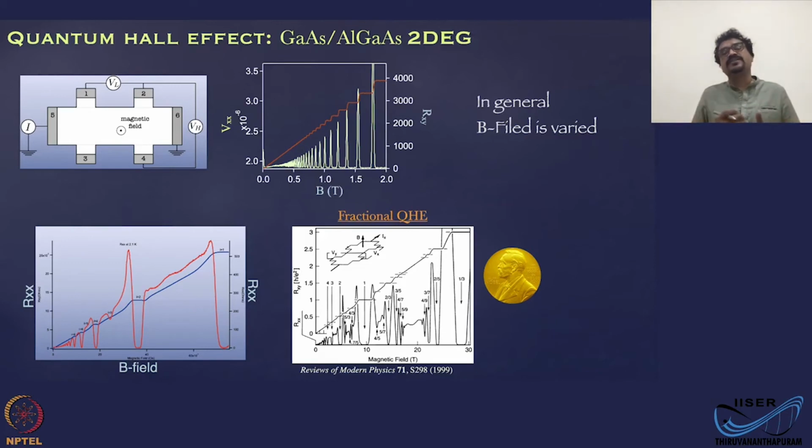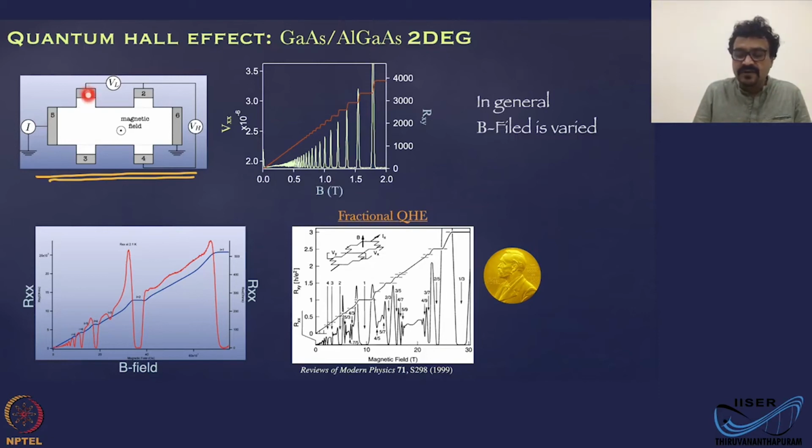They already have carriers in the quantum well. The formation of the well we have discussed extensively in one of those modules. Okay, so you have again a similar geometry where you are injecting current and you are measuring the voltage across, in the perpendicular direction of the current, where the magnetic field B is applied perpendicular to the plane.